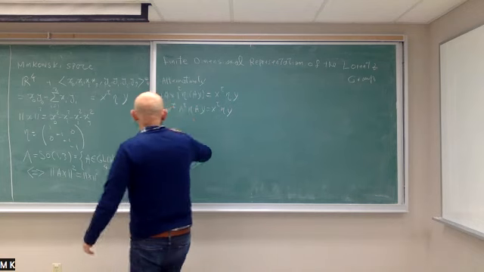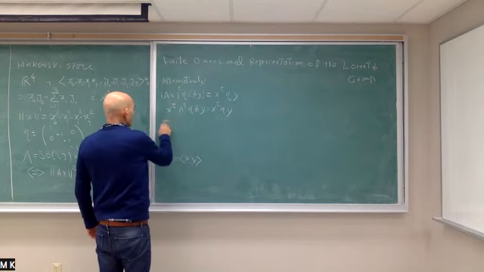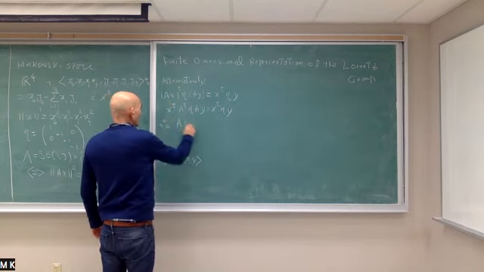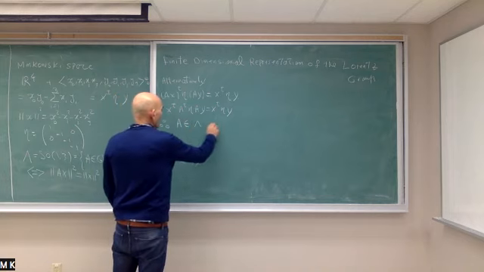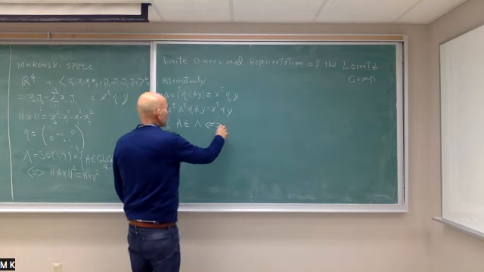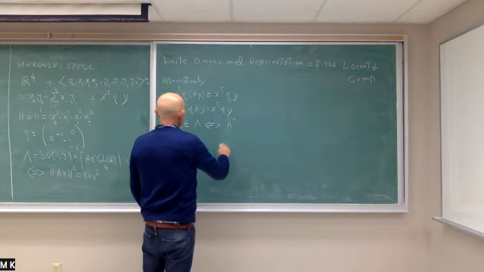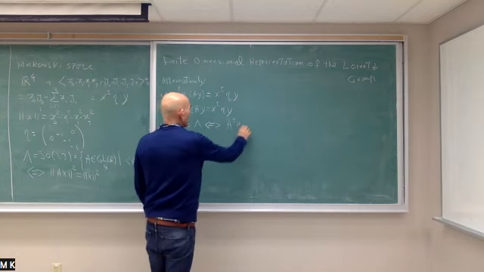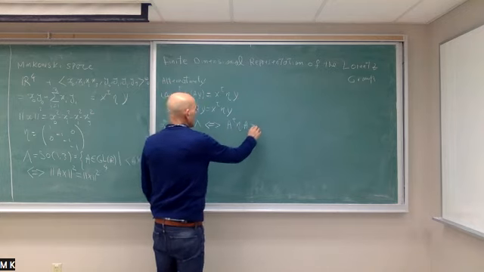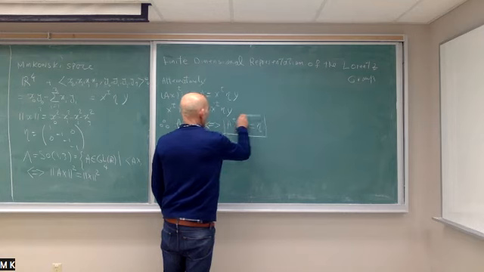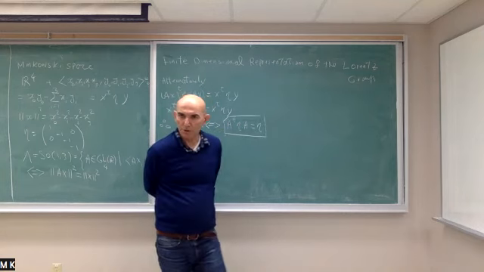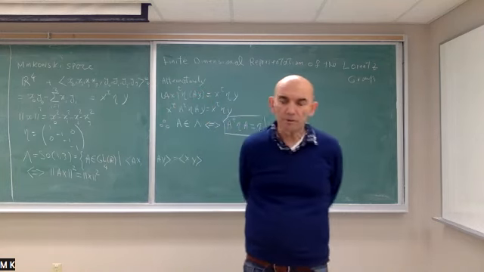So it follows that A belongs to the Lorentz group if and only if it has this condition: A transpose eta A is equal to eta.